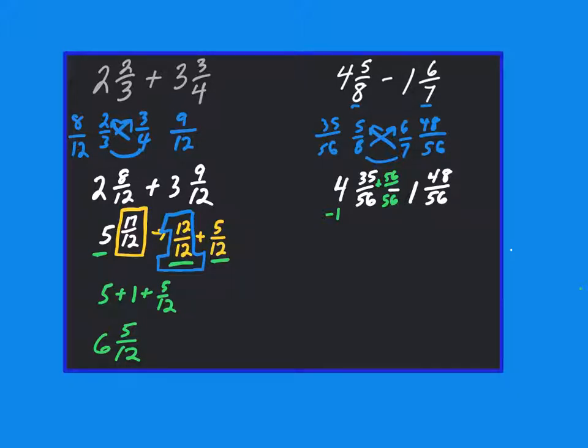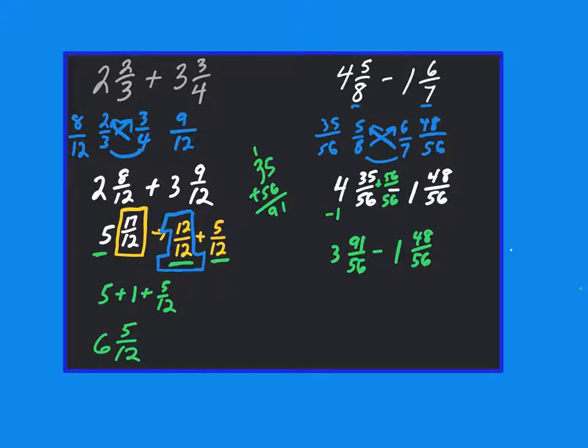So now my new fraction is 3 and 35 plus 56. Let's make sure we show our work here. It's 91. Wow. It's a big numerator. So there's our new problem. Now it looks like we can handle this. We have 3 and 91/56 minus 1 and 48/56.